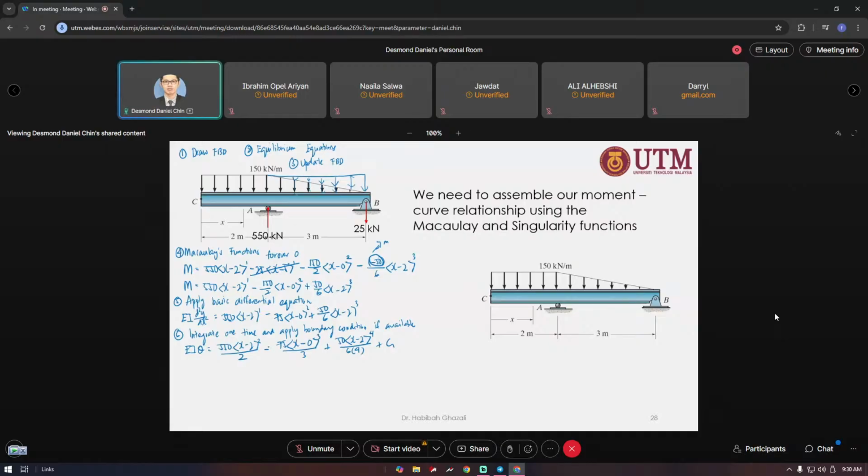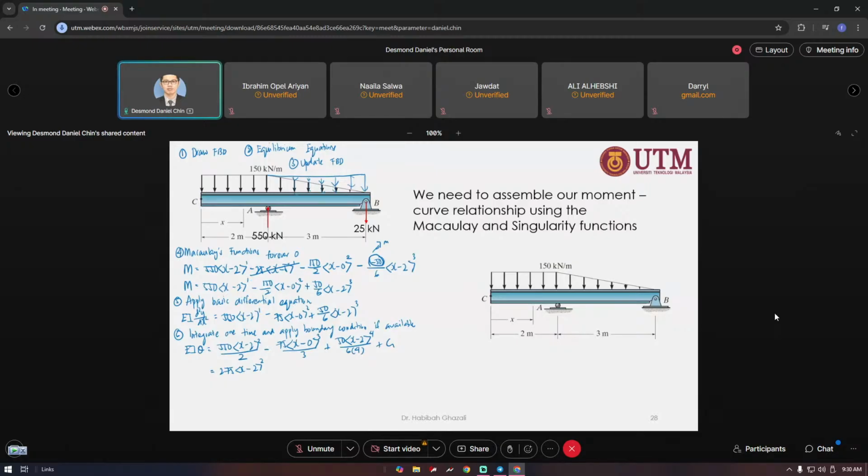So this one will become 550 divided by 2, you will get 275, right? Yes. Then 75 divided by 3, so 25. So negative 25.